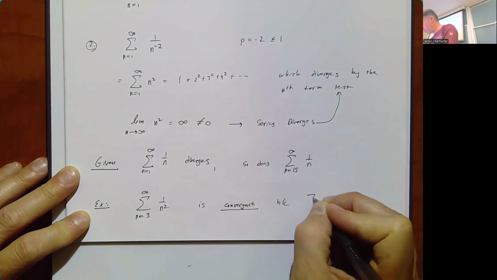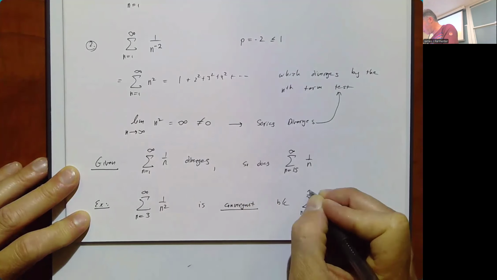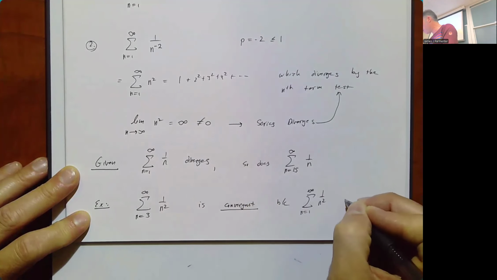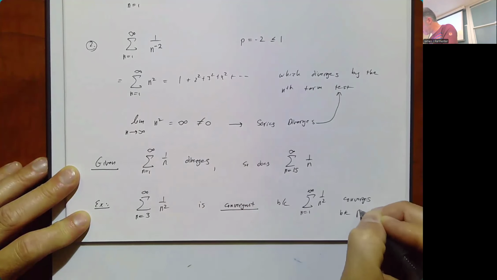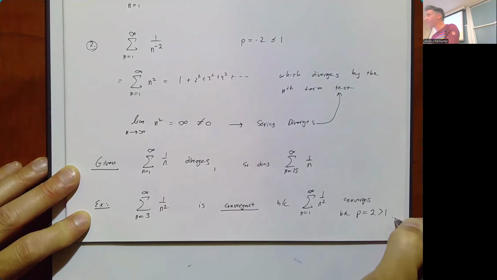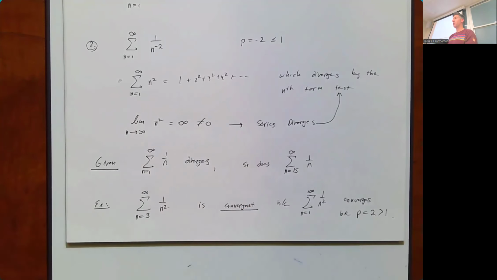Because we know that the P series from n equals 1 to infinity of 1 over n squared converges because P is equal to 2, which is greater than 1. And this series with a couple less terms in it also will converge.